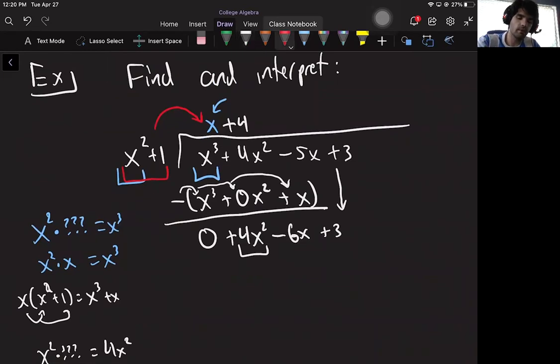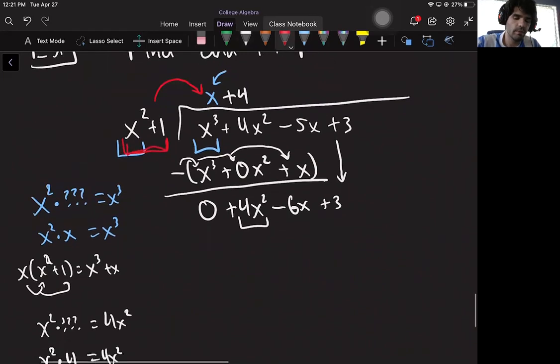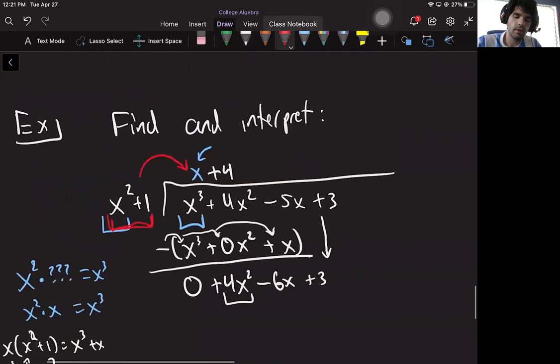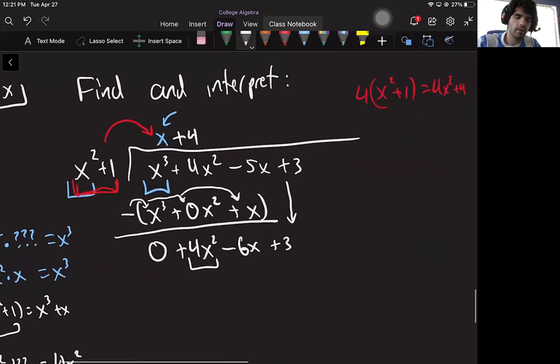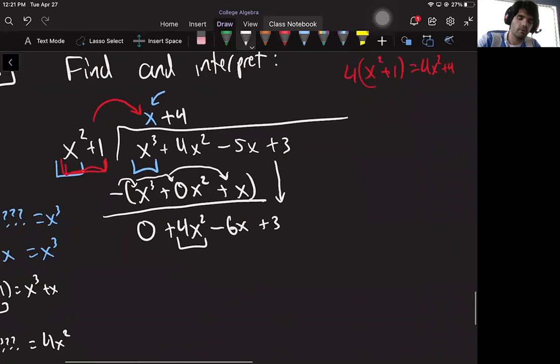And then again, I'm going to multiply out this thing times what I just put there. So I need to figure out, maybe on the side, what is x squared plus 1 times 4. It's just 4x squared plus 4. So if I multiply that 4 into this x squared plus 1, I get 4x squared, and then plus 1 times 4 gives me 4, but I'm going to align the two numbers there.